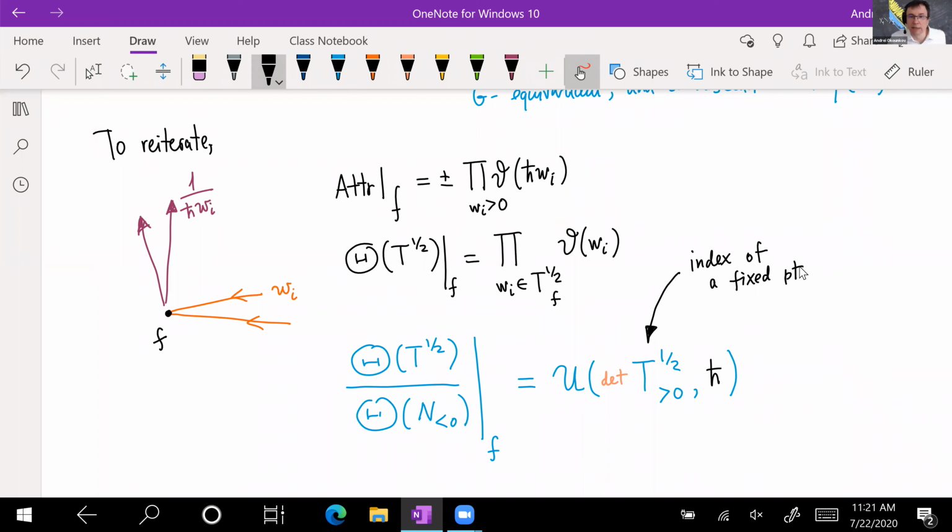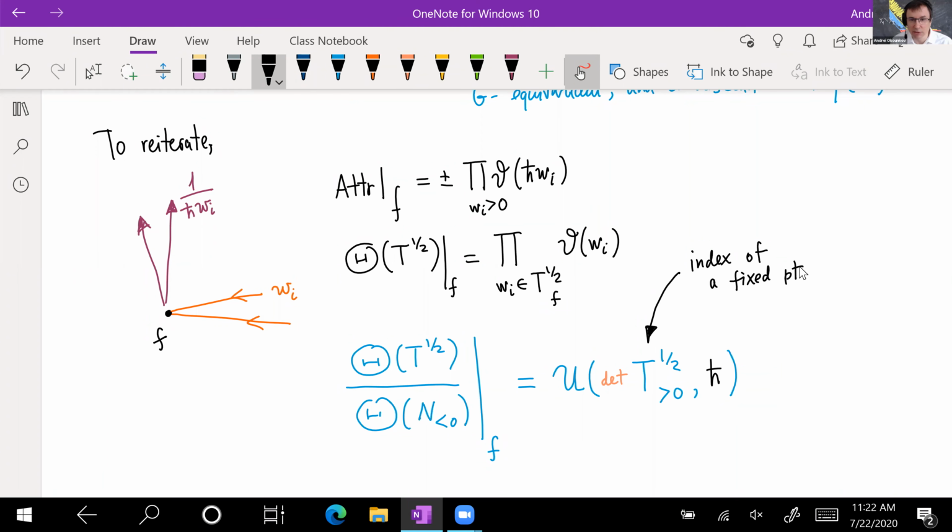In general, if you have a symplectic manifold, it's pointless to ask what's the index, because every point has as many attracting directions as repelling directions. But if your symplectic manifold is cotangent to another manifold, you can ask what's the index of that manifold. Then it's a question about the polarization: which are the attracting directions in the polarization?